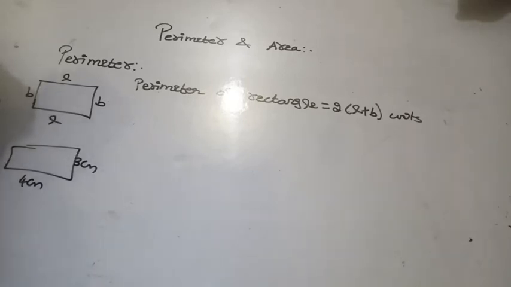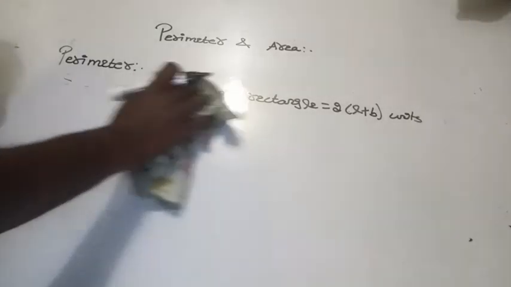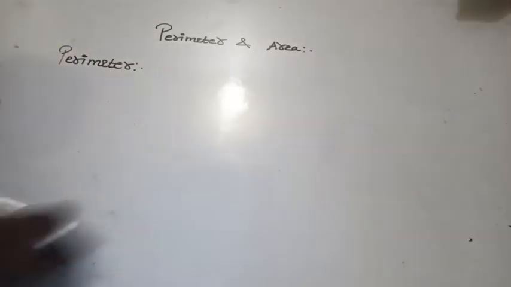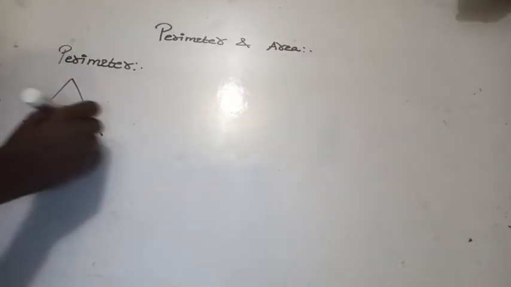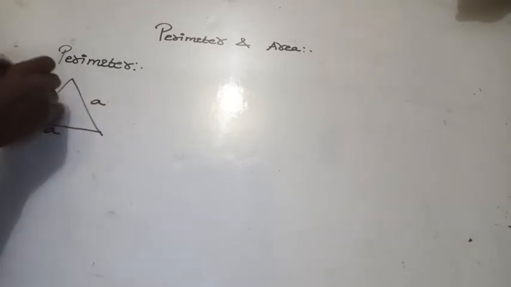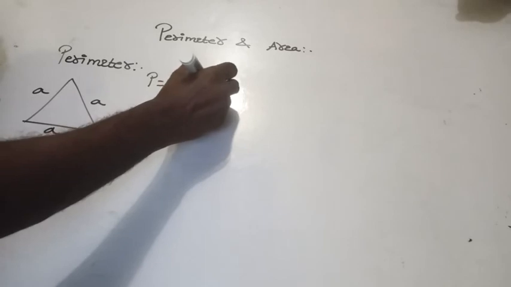The perimeter of an equilateral triangle. What is the property of an equilateral triangle? Yes, in a triangle all the 3 sides are equal. Let the side of the triangle be A, then the perimeter will be 3A units.